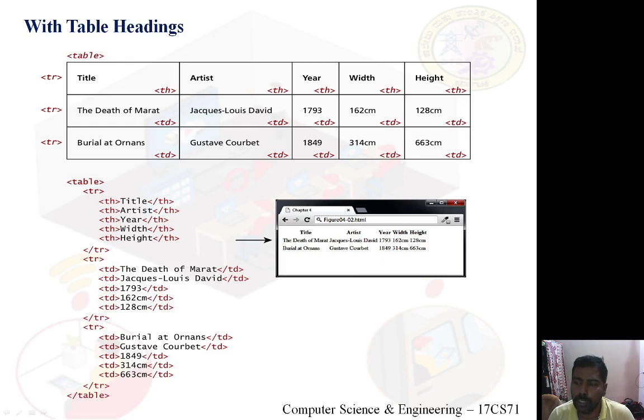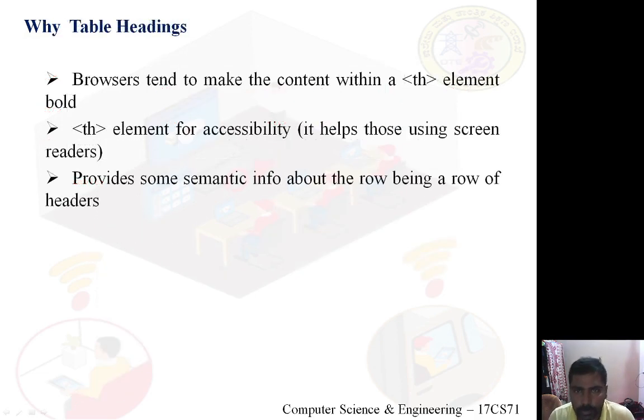So I think you're now clear with table headings, right? The th tag is used to create a header, to highlight the headers, to make the headers bold. So why table headings? I said the browsers make them bold.